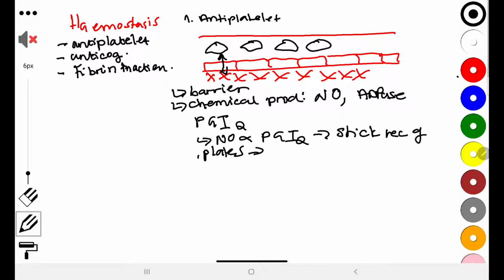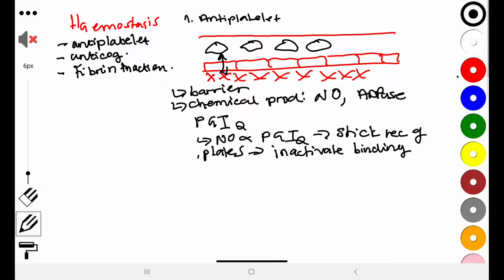And what does this do? It inactivates their ability to bind to the endothelium. Aside from this, they also function as vasodilators, allowing blood to flow, specifically nitric oxide.